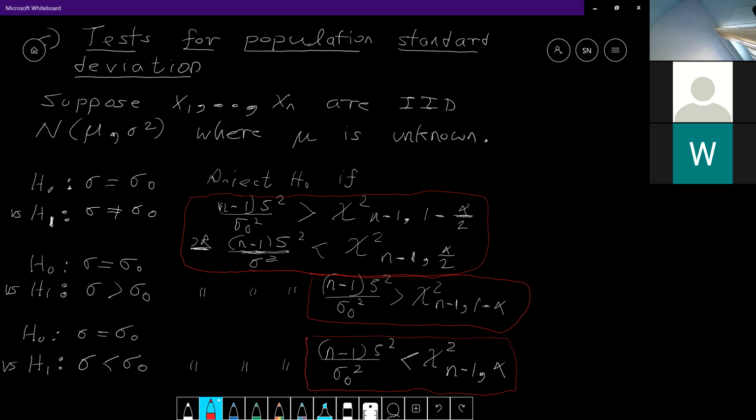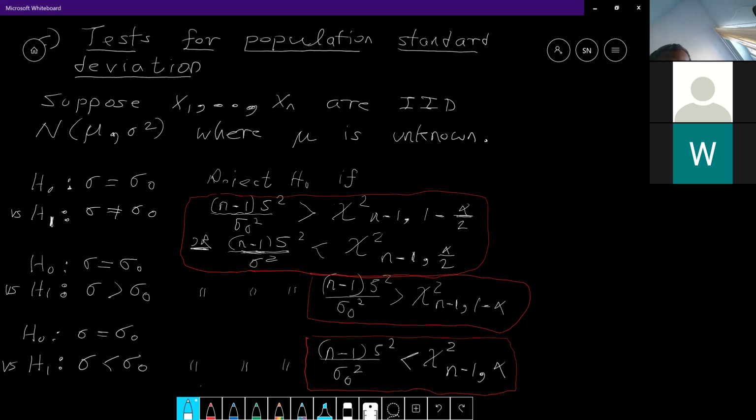If you want to know how to derive this, you will have to wait another year. So don't be impatient. Excuse me, sorry, this should be n minus 1 here. Okay, so this is part C, where we were testing for population variance.